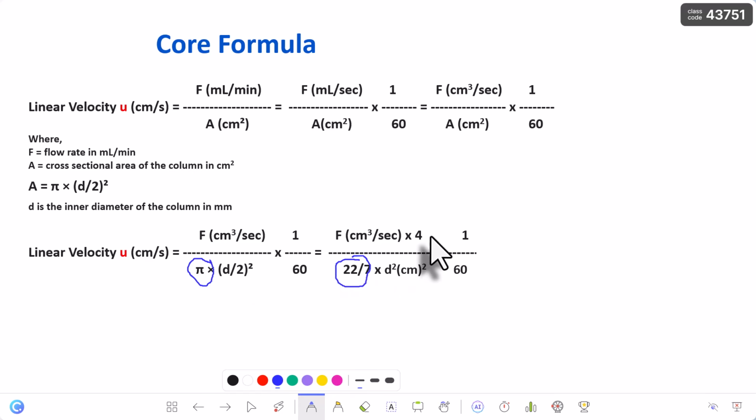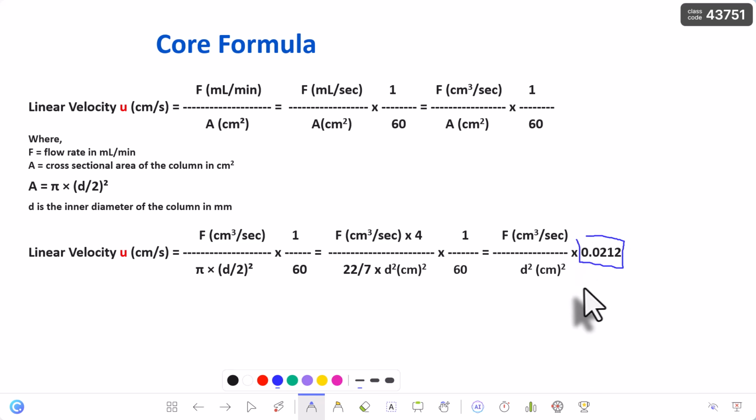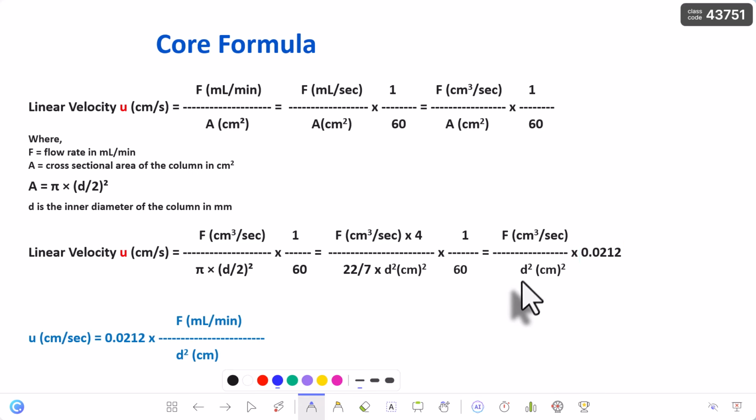Now I can simplify this equation further, and once I calculate this, I get a factor of 0.0212. So this is the final calculation formula.